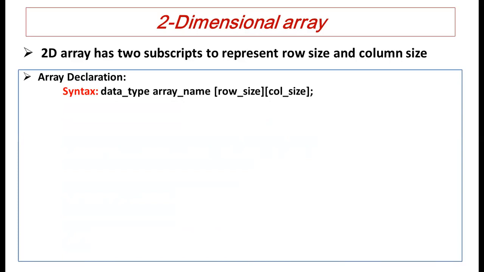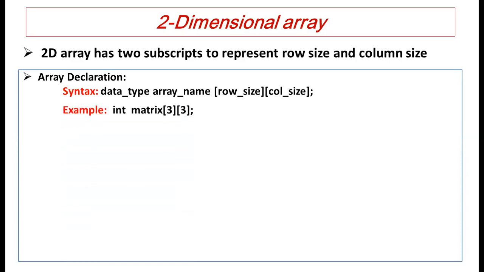You can imagine this concept as a matrix. In a matrix, we can find rows and columns. In the same way, we are going to store elements in a two-dimensional array. To perform matrix addition, matrix multiplication, matrix subtraction, we need to use two-dimensional array in a C program.